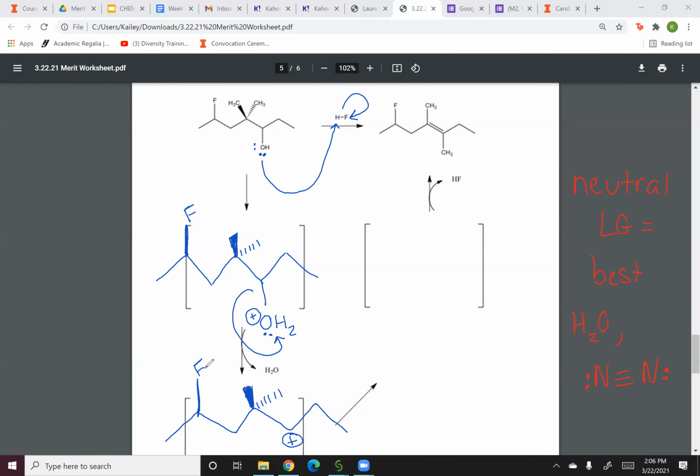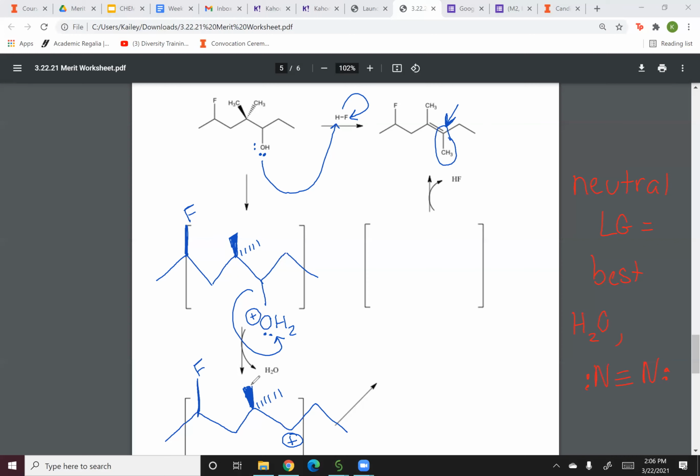What happens next? Yep, now we're going to have the rearrangement. What we can see is that we want to add a methyl onto this carbon right here, this carbon I labeled 5 earlier.